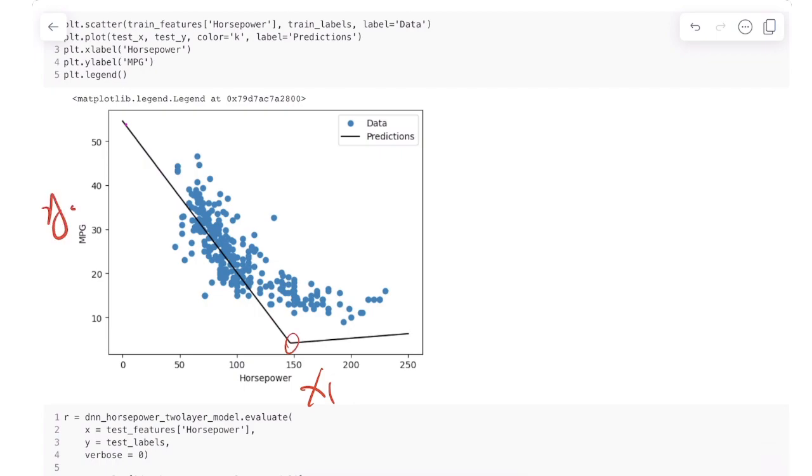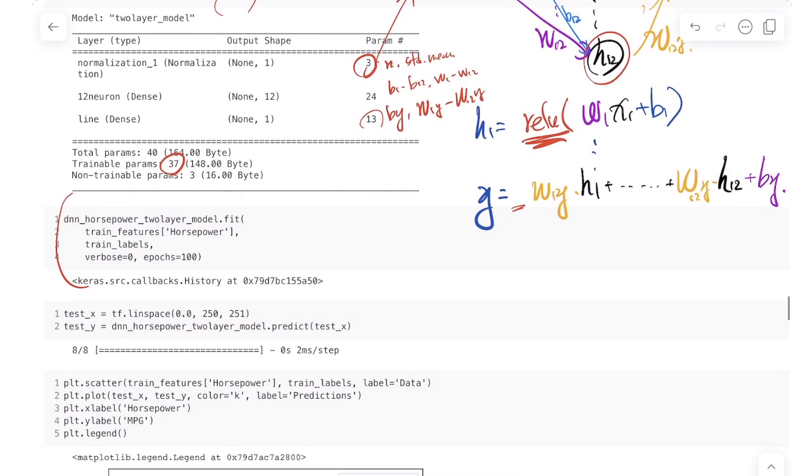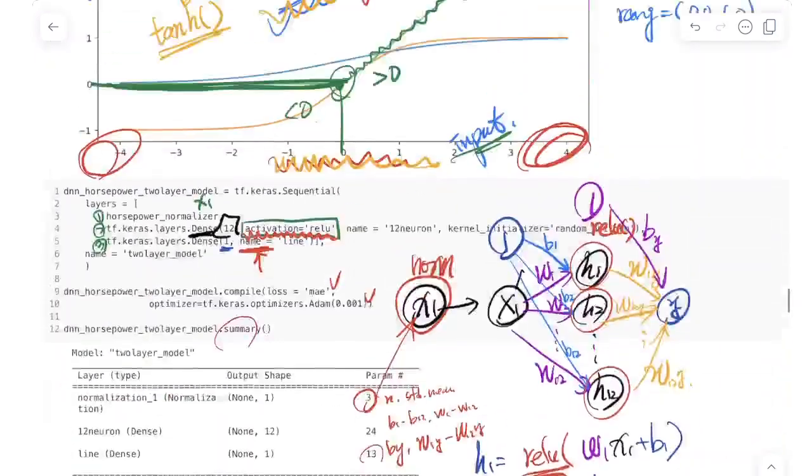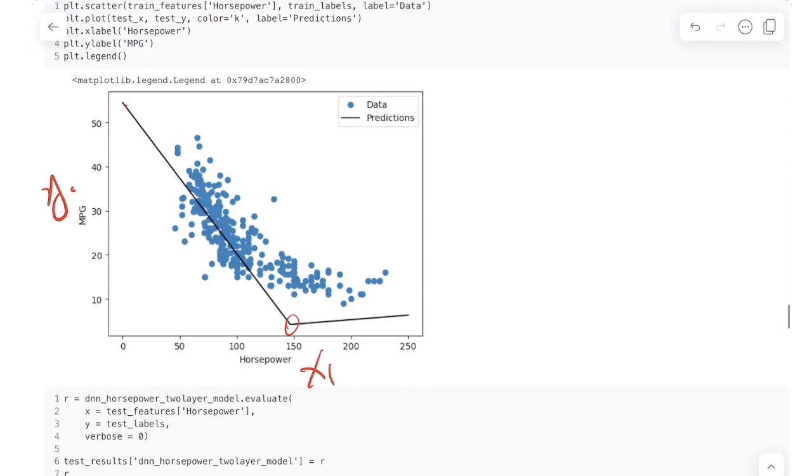So we can see that we have a line right here. That's because of the ReLU activation function: sometimes it outputs a value, but sometimes it outputs zeros. So here you can see that it seems like we have two different lines.